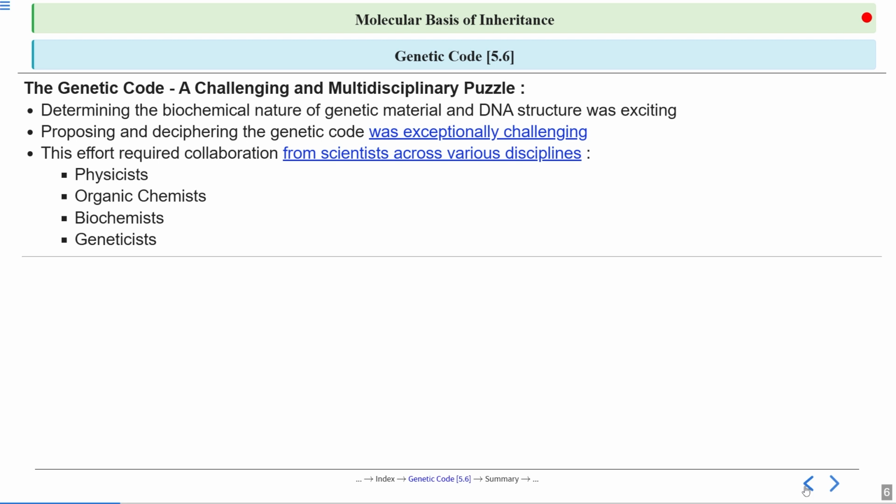It's not only about biologists: physicists who study physics, organic chemists who study organic chemistry, biochemists who study biochemistry, and geneticists who study genetics. Scientists from all these disciplines were needed to decode the genetic code. It was exceptionally challenging.